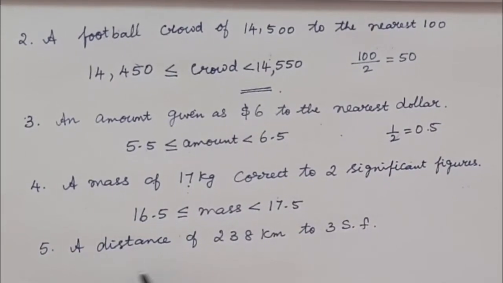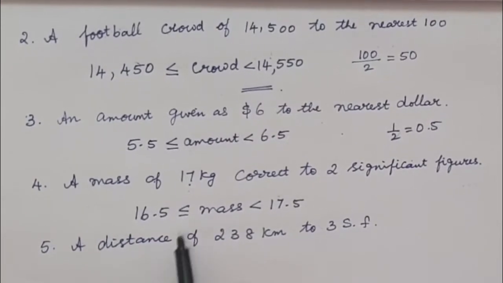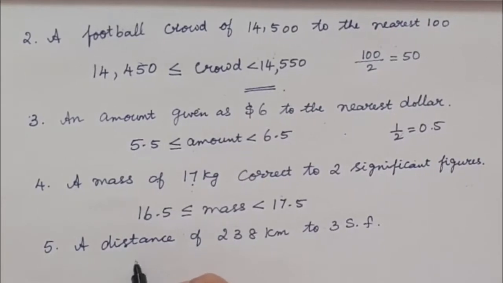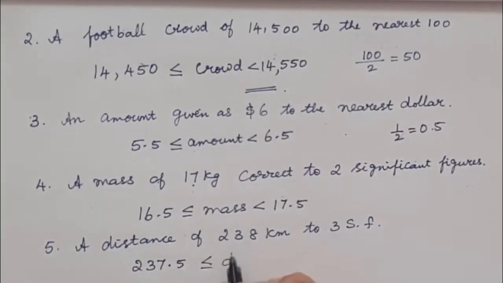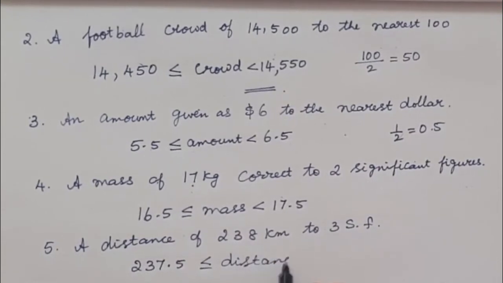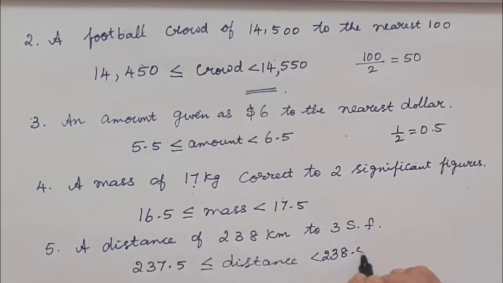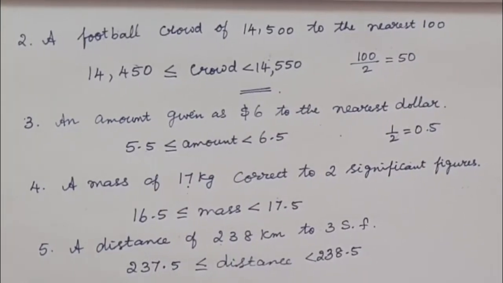Now the fifth question, a distance of 238 km to three significant figures. So now here it is three significant figures, so it will be 237.5 is less than or equal to the distance, which is less than 238.5. Now when we round it to 3 significant figures, we get this answer as 238.